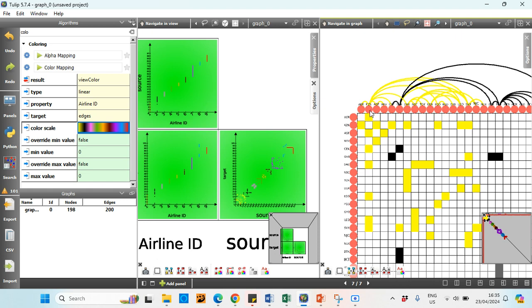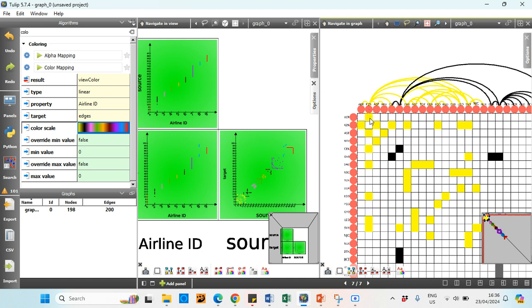The reason why this is shaded yellow is because this is a direct flight, meaning a flight does not have to stop at a specific airport before it goes to another airport. So for example, this 2B is shaded here because the flight leaves AER and lands in KZN.